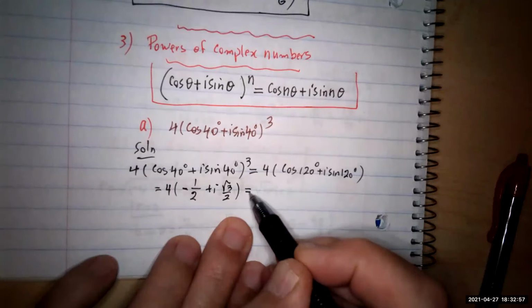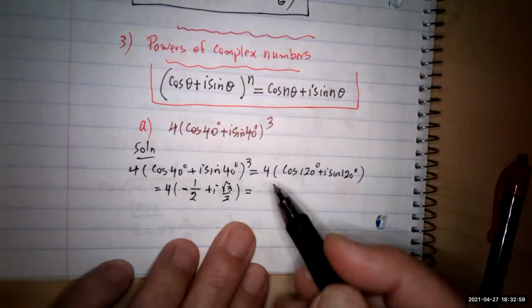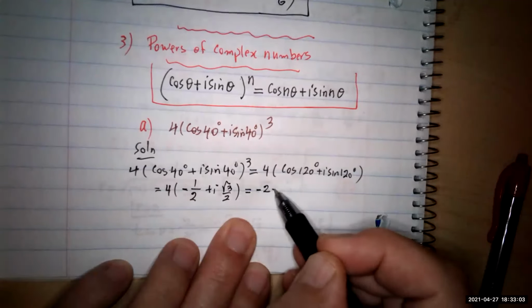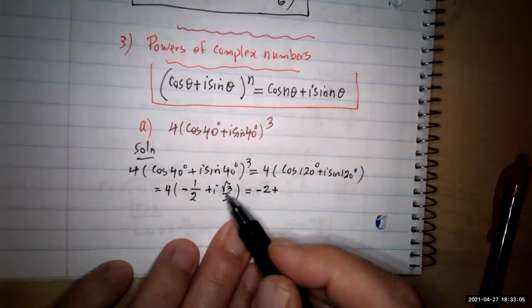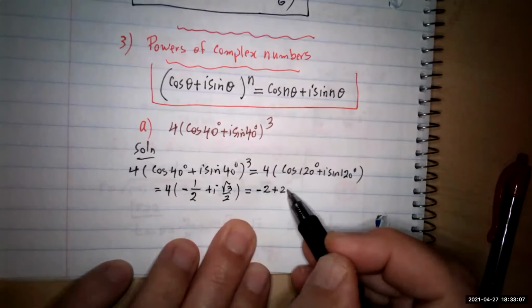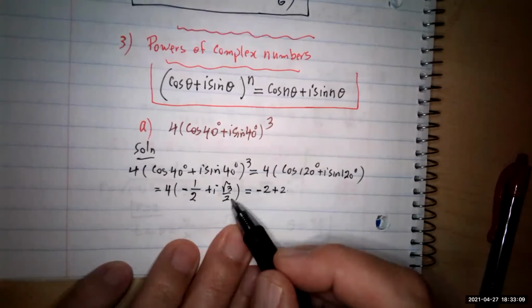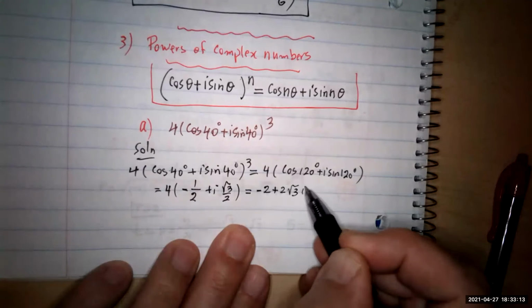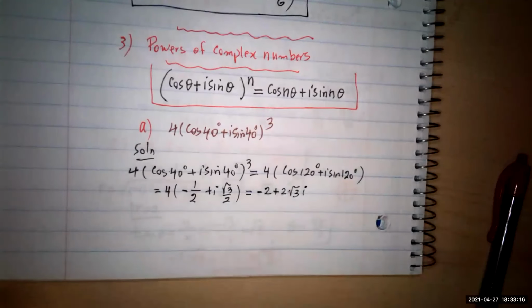You multiply the 4 inside. 4 times negative 1/2 would be negative 2, plus 4 times radical 3 over 2, which gives you 2 radical 3 i, the final answer.